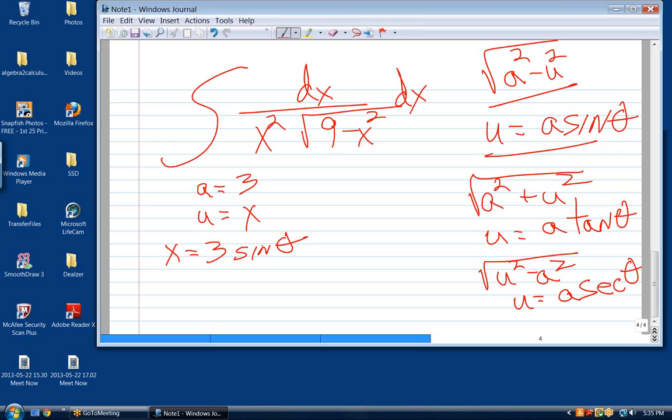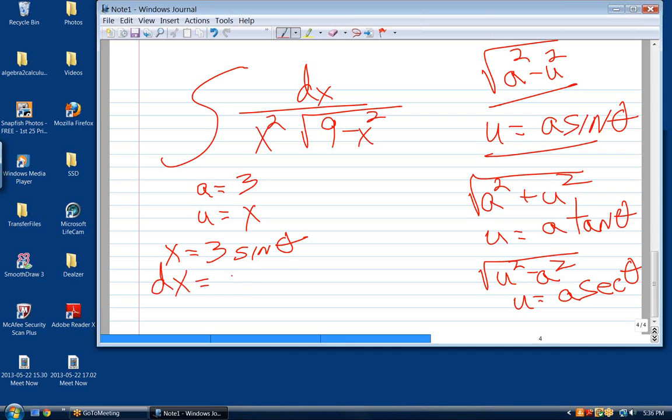Our goal is to substitute everything we see up here. I want to substitute for the dx, I want to substitute for the x squared, and I want to substitute for the square root of 9 minus x squared. Let's find dx first of all.